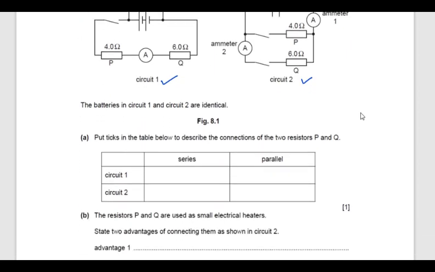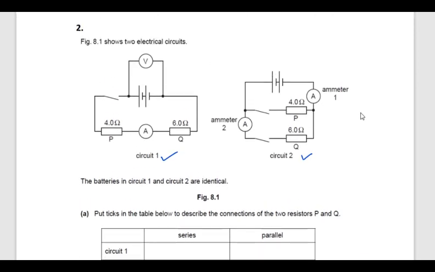Put ticks in the table below to describe the connections of the two resistors P and Q. We have to tick either circuit 1 is series or parallel, and also circuit 2 either series or parallel.